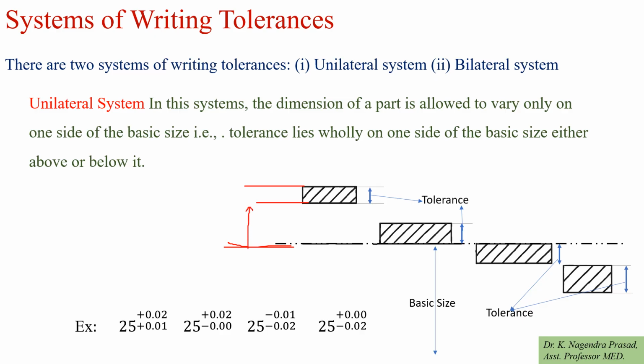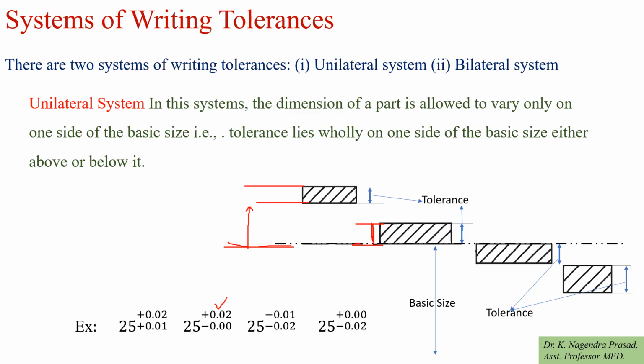Similarly, let's look at another example. Let's consider the maximum size of the part is 25 plus 0.02 and the minimum size is exactly 25. So here also the dimension of the part varies above the basic size.